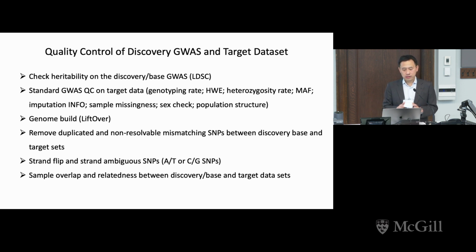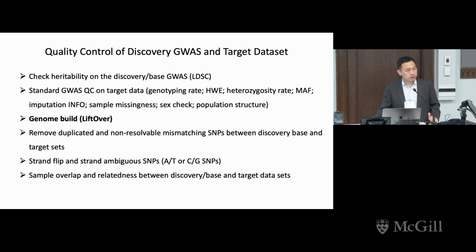Just do regular QC: the genotyping rate, Hardy-Weinberg equilibrium test, imputation information score, and sex check, for example. These are all regular QC steps to make sure your target data set is clean and as free from genotyping error as possible. The next is a little bit unique to the PRS analysis.